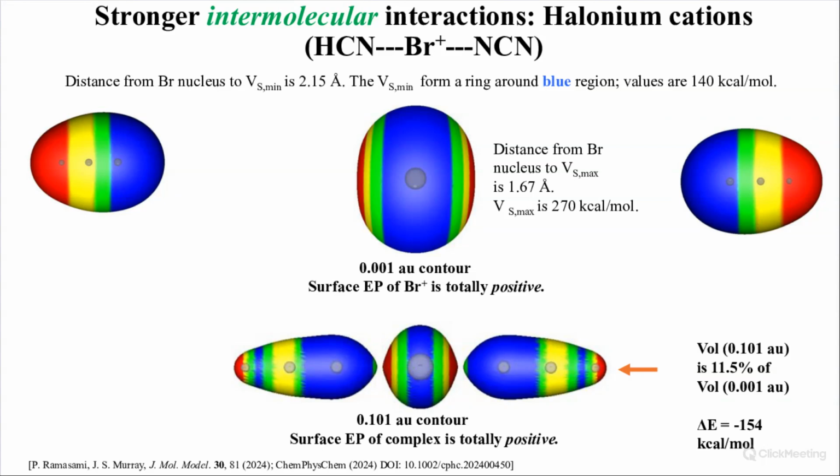I have to go to the 0.001 AU contour of the electron density to separate the interacting species, and the calculated delta E is over minus 150 kilocalories per mole. Really strong networks. These are very strong cation interactions. Yeah, there's a mistake there. That should be NCH at the top.